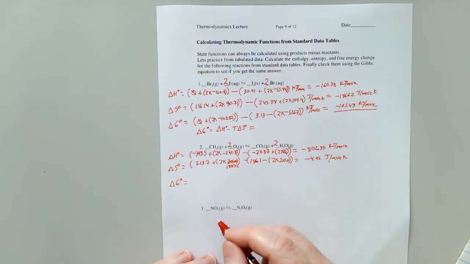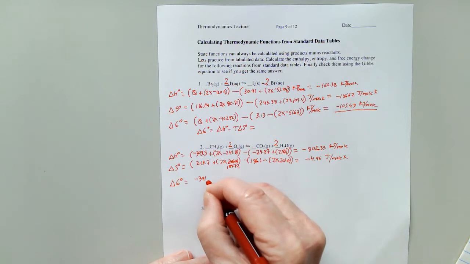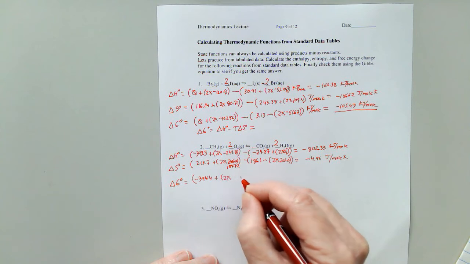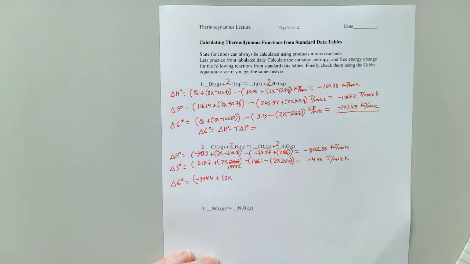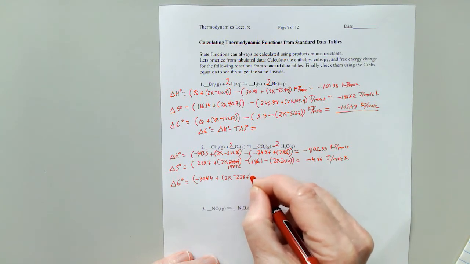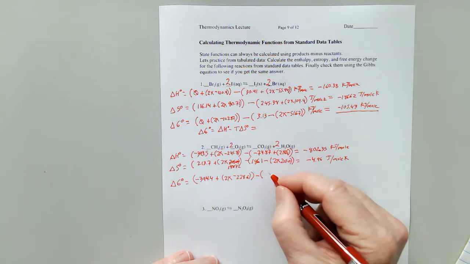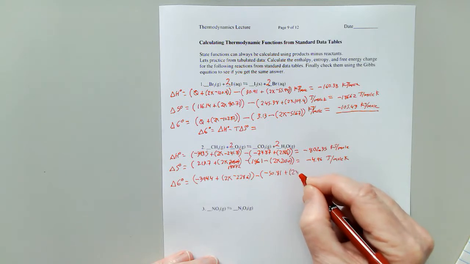Delta G naught equals, now my value for CO2 is negative 394.4, plus 2 times my value for H2O, which is negative 228.6, minus my value for CH4, which is negative 50.81, plus 2 times, and for oxygen that's going to be 0.